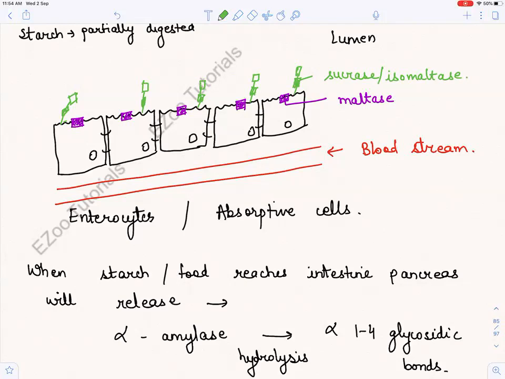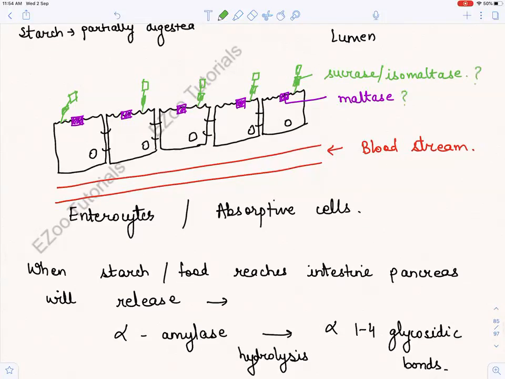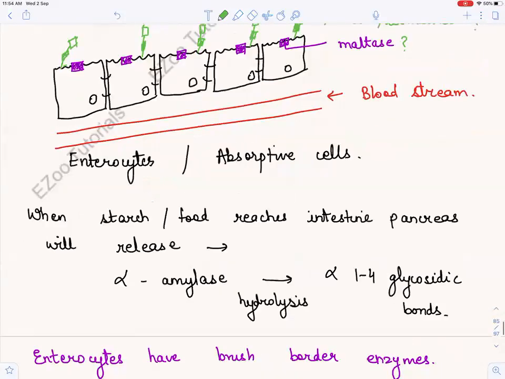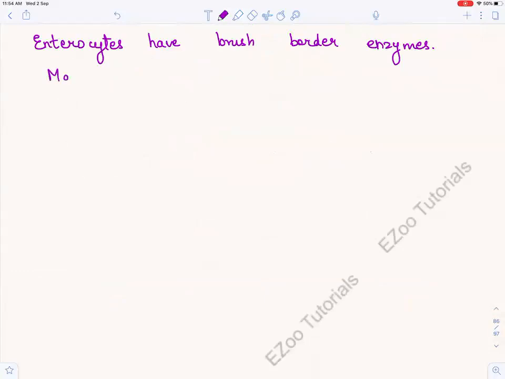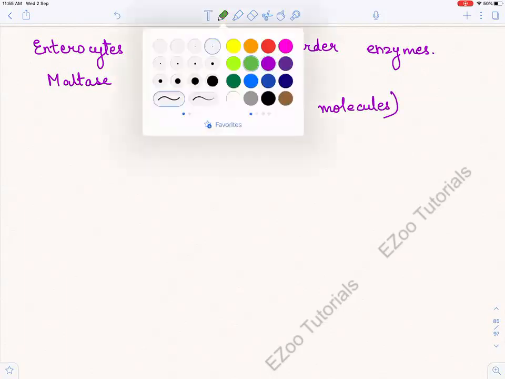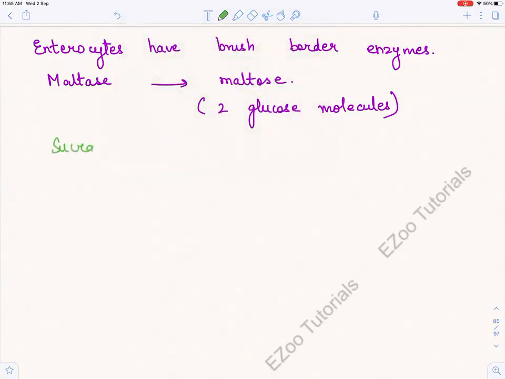Maltase converts maltose, which is 2 glucose molecules, into glucose. And if we talk about sucrase or isomaltase, what will it do?